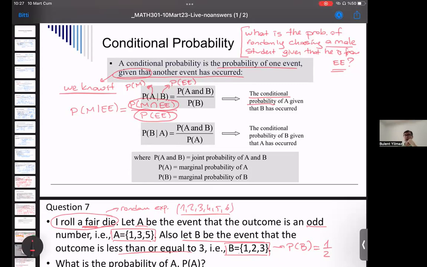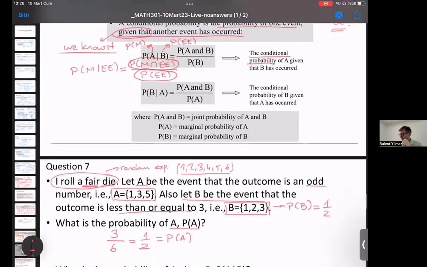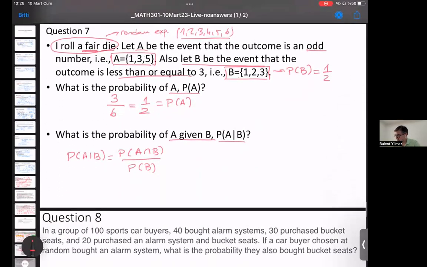Think about this, Emmanuel, once more. What is the probability of, let us write here. I think you are writing. Knowing that B happened, find the probability of A under this condition.